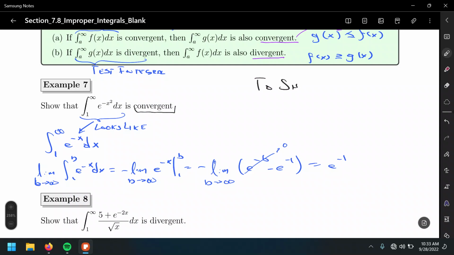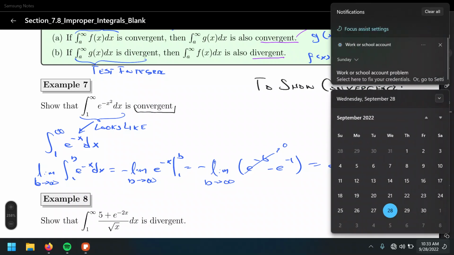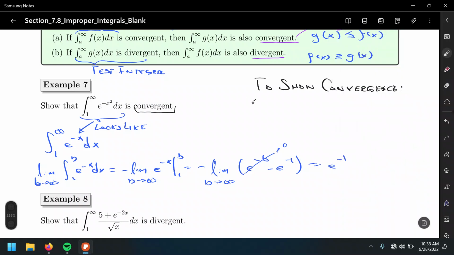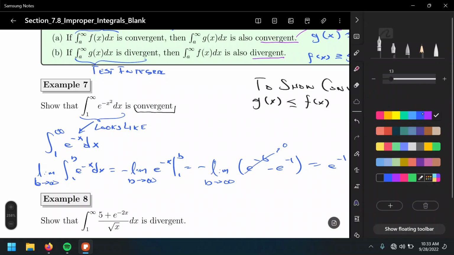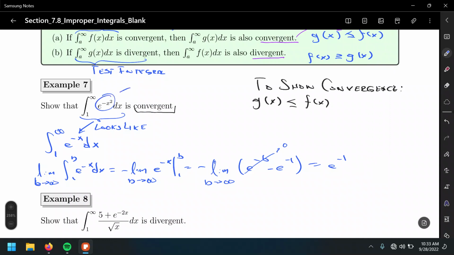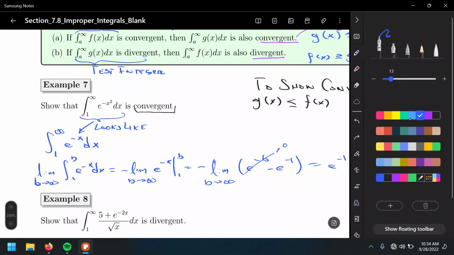So to show convergence, we need to show that g of x is less than or equal to f of x, where g of x is our problem and f of x is our test integral, something we for sure know converges. Using a different color, this is our g of x, and this is our f of x.